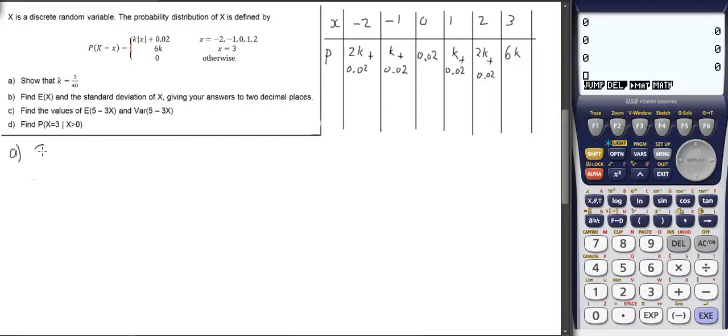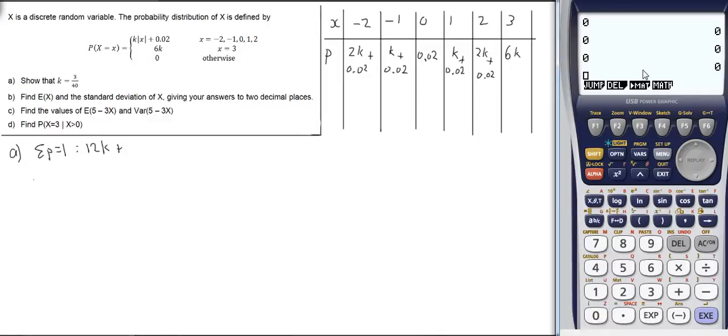And all of those probabilities add up to 1. So how many k's have we got? 2, 3, 4, 5, 6, 12k plus all these 0.02s, 5 lots of 0.02. I'm going to do that on the calculator because I'm paranoid.